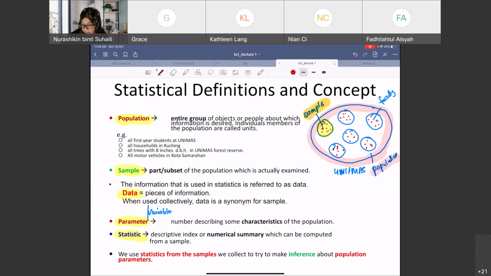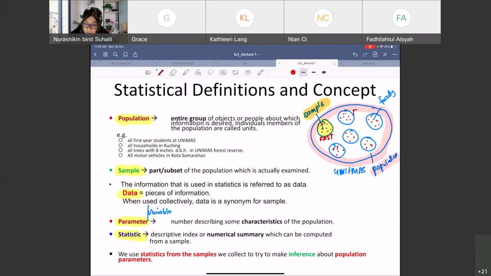Let's say we talk about the UNIMAS population just now, like how many students in every faculty have received the vaccine, for example. Our faculty is the Faculty of Resource Science and Technology, or FRST, or FSTS in Malay.